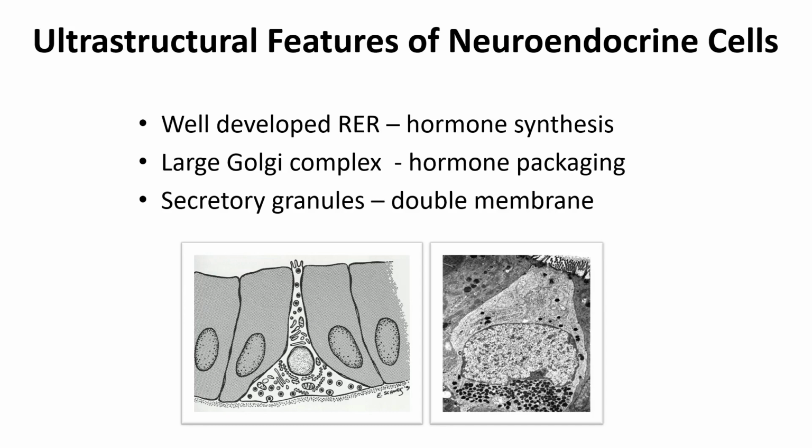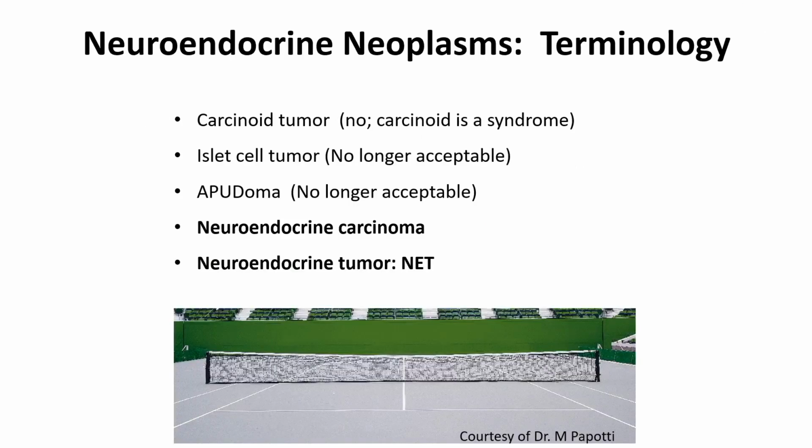They all have good Golgi complexes that are used to package up the hormones into secretory granules, which then go to the cell periphery where they're stored until there's a stimulus for release, and then they're secreted into the bloodstream. And if you want to think of them as being actually little mini neurons, because neurons, remember, do exactly the same thing, except they touch their neighbors to give the signal, whereas neuroendocrine cells give the signal into the bloodstream, so it has a systemic effect.